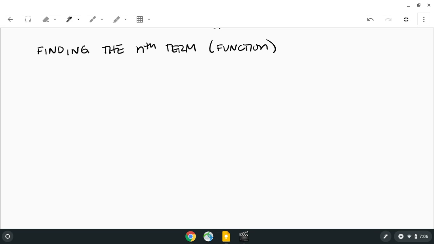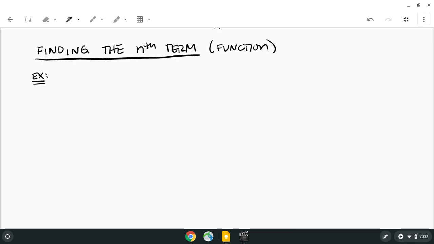Whenever you see find the nth term, they're saying find the formula, find the function. What's going to happen is they're going to give you a list of the terms, and you have to investigate. All right, so let's take a look here.